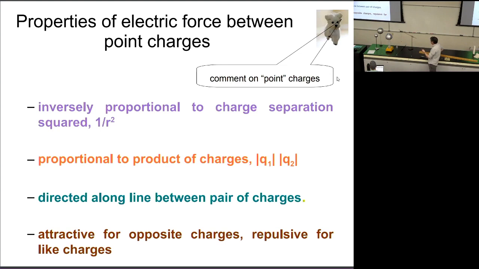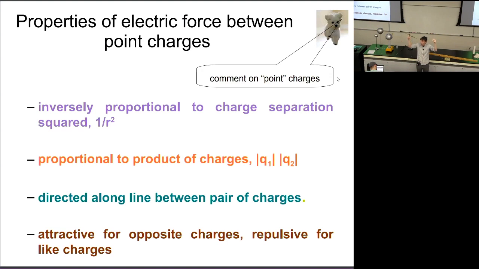The force, next point. The force is along an imaginary line that joins the two charges. So imagine I've got a charge in the left hand, right hand. Imagine an imaginary line between those two charges. The force acts along that line.